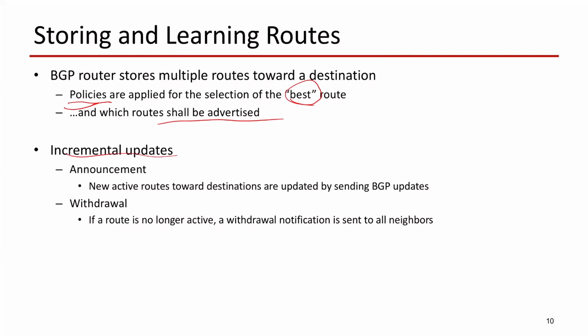And for incremental updates, there are announcement and withdrawal. An announcement of a new active route toward the destination is sent by a BGP update. And for withdrawal, if the route is no longer active, meaning something goes down, the withdrawal information is sent to all neighbors. So it is a basic rule everybody has to follow. If something is withdrawn, I send it to all my neighbors, but if something is new, I can send it only to my preferred ones. Therefore, the basic network works, but some of them have outdated information.